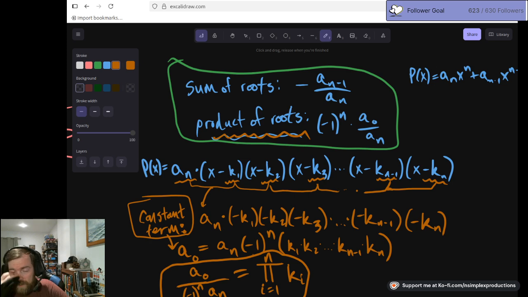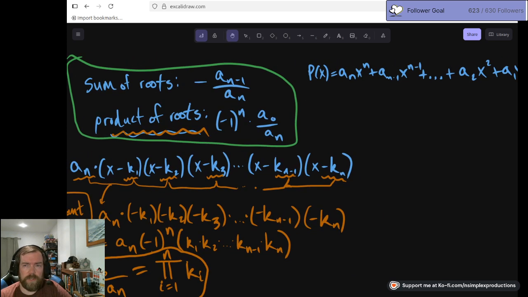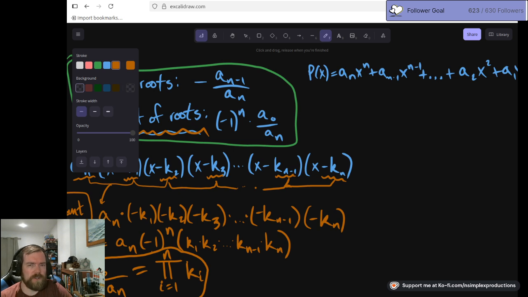Sum of roots, I think, is going to be done the same way, except we have to choose k sub i, whatever it's going to be, each one of them exactly once. Because if we let it be any other number, then we're going to have a product of more than one k.